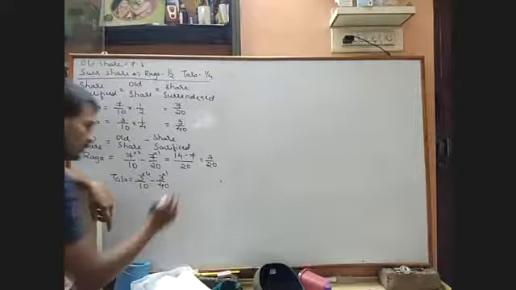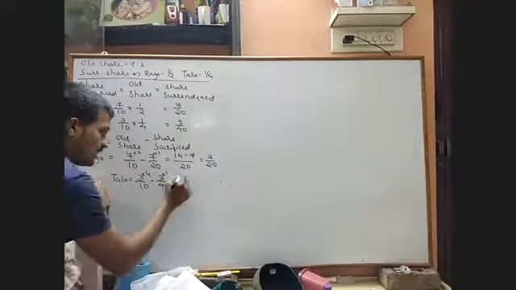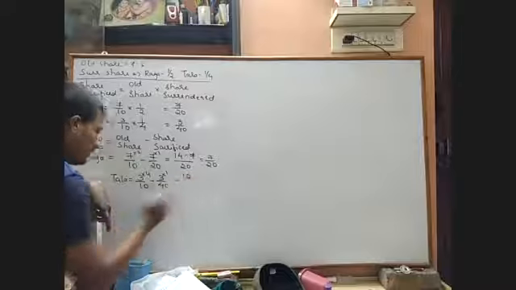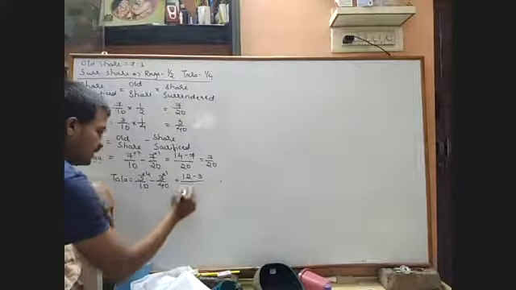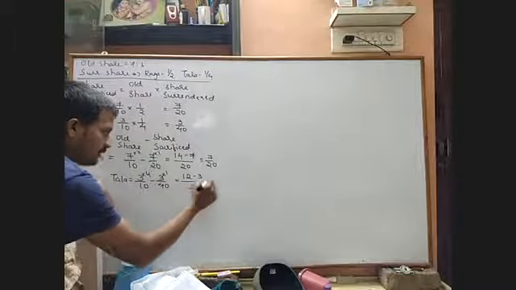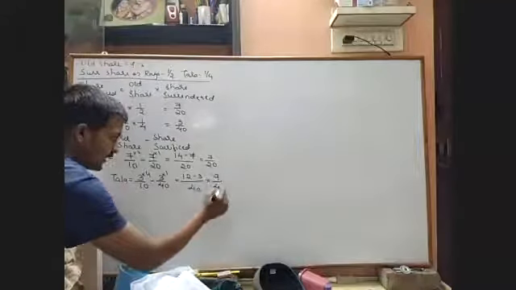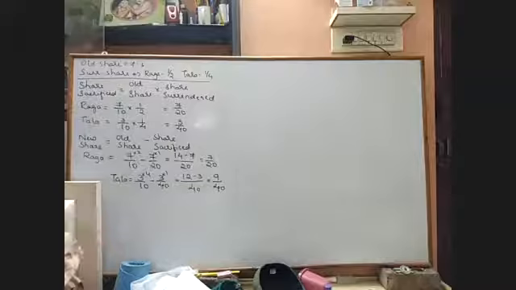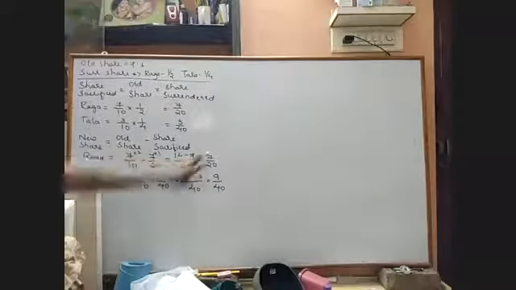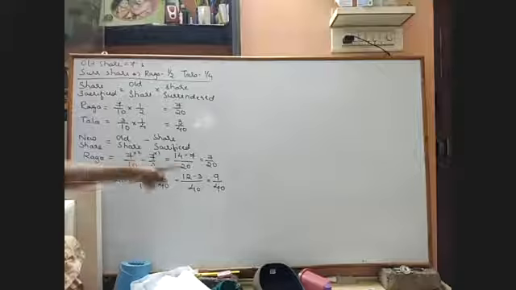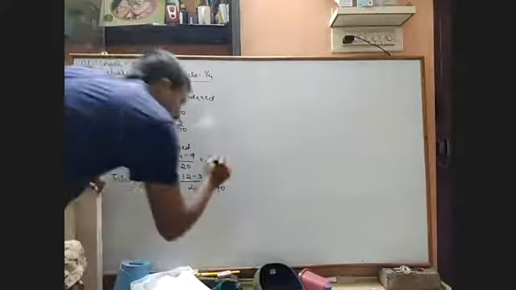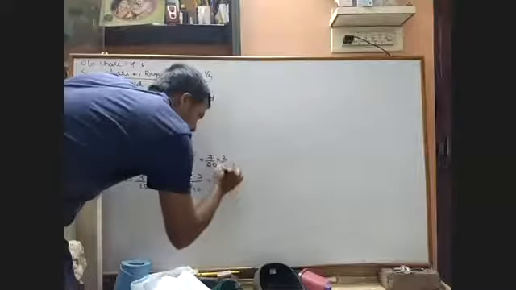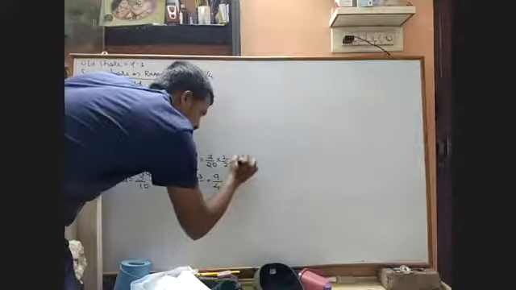So this will be 3 fours are 12 minus 3 ones are 3 divided by 40, which will be equal to 9/40. 9/40. So, but this is 7/20. So, in order to make it also as 40, I multiply this by 2/2, which gives me.